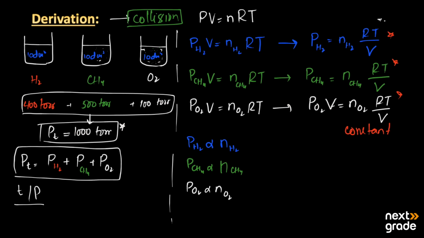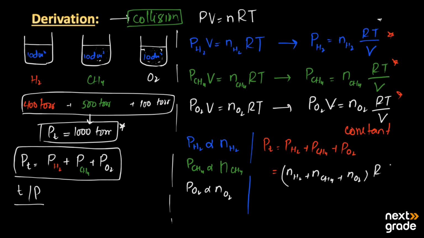as RT over V of each gas is constant, the total pressure PT is equal to the pressure applied by hydrogen plus the pressure applied by methane plus the pressure applied by oxygen. By putting in these values, we gain the number of moles of hydrogen plus the number of moles of methane plus the number of moles of oxygen.